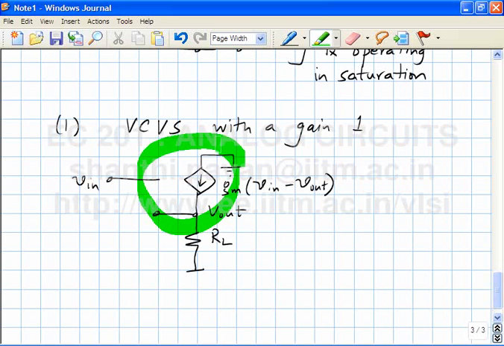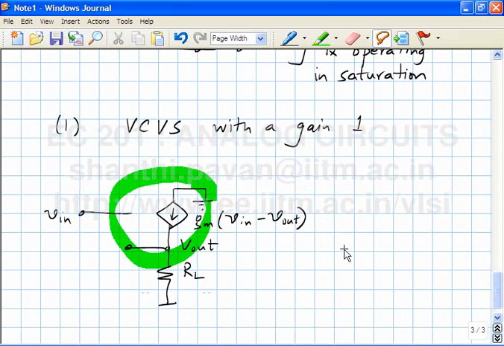And we identified that as being the incremental equivalent of a MOS transistor operating in saturation. The last time around we saw that it was an NMOS transistor operating in saturation. Whether you have an NMOS transistor operating in saturation or a PMOS transistor operating in saturation, the incremental equivalent is the same. So instead of associating the stuff in the green circle with an NMOS transistor, you could have as well associated it with the PMOS device. So which should be the gate of the PMOS?